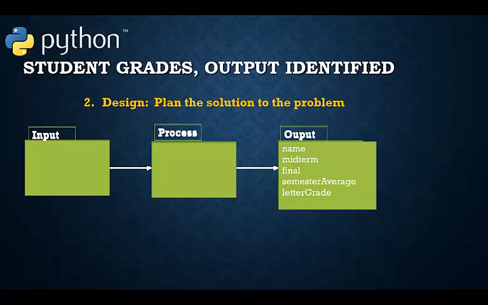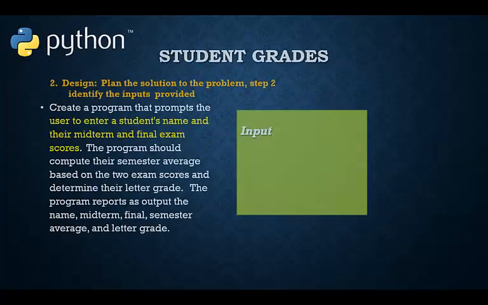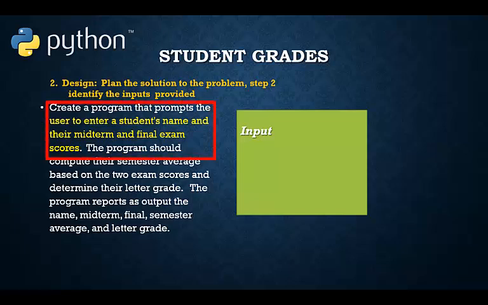We add these to our IPO chart. Next, we identify the inputs we get from the user of the program. The user is to enter a student's name and their midterm and final exam scores.